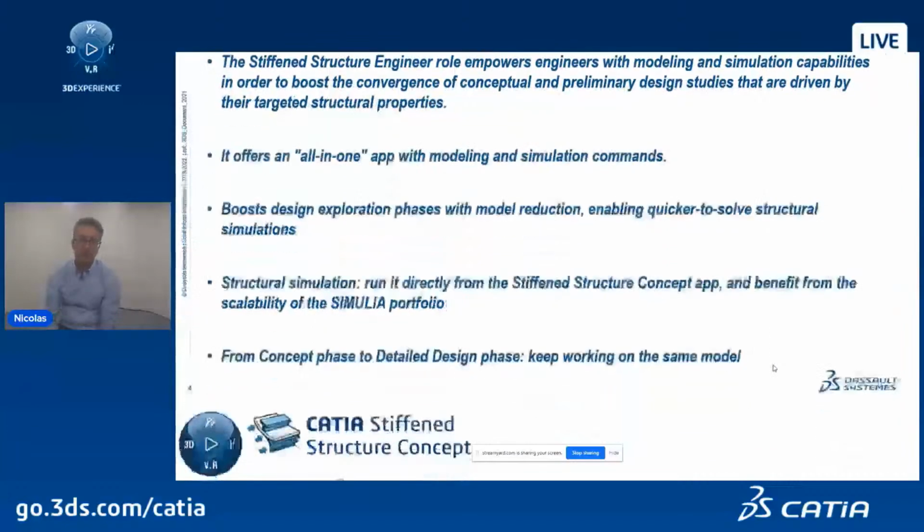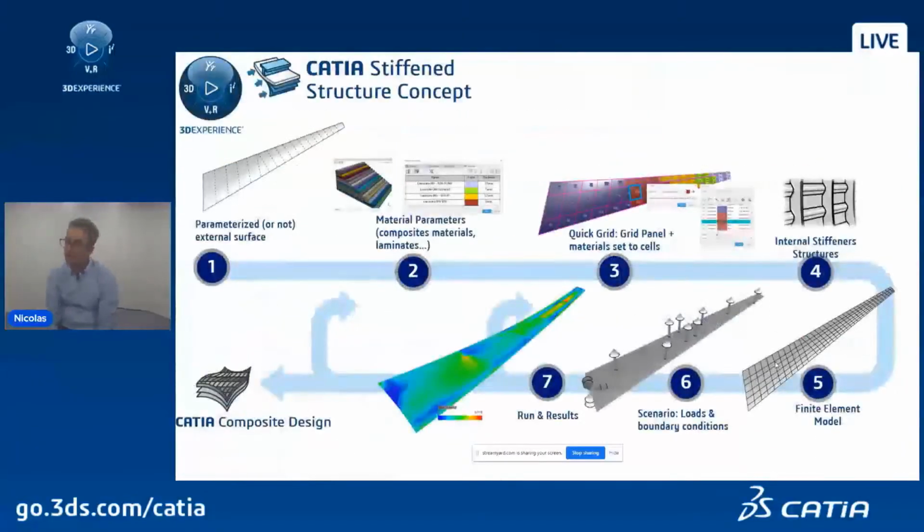So I'll go a bit more in detail now into the phases of this role with this little workflow you can see on the screen right now, where we would start from just a surface. We'll define a bit more the various laminates we can put. We'll assign them with a quick grid to the surface.